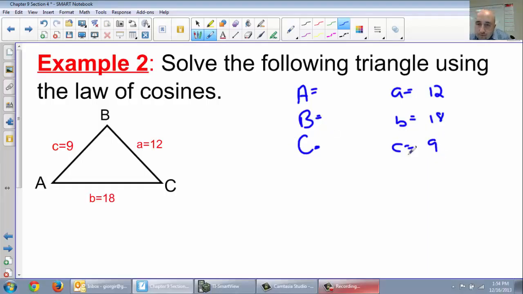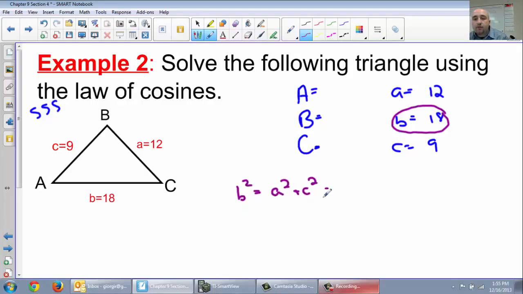So now, on a side side side, you always start with the biggest side. We're going to find the biggest angle first. So we're going to need b squared equals a squared plus c squared minus 2ac cosine of angle B. So you always start with the largest of the three sides when you're doing a side side side example.